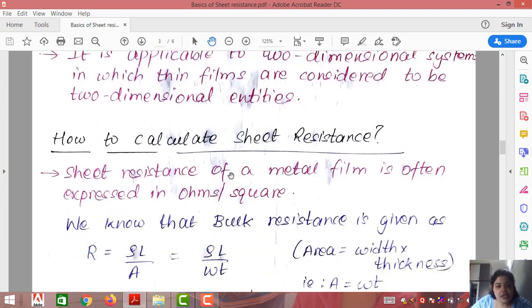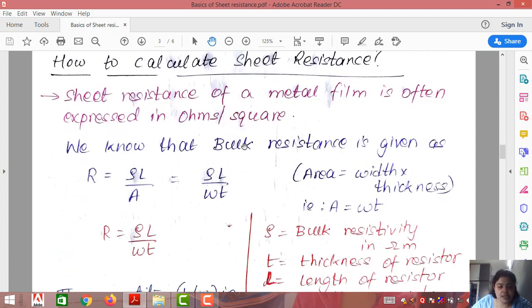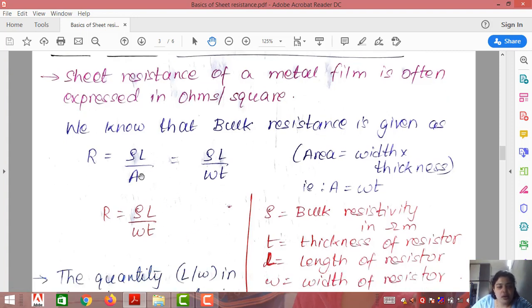Now, how do we find out sheet resistance? Sheet resistance of a metal film is often expressed in the unit ohms per square. I'll explain how. Now we know that bulk resistance is defined by the relation between resistance and resistivity, length, and area as R equals rho L by A. We can write area as width times thickness.